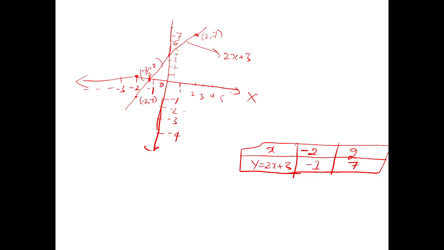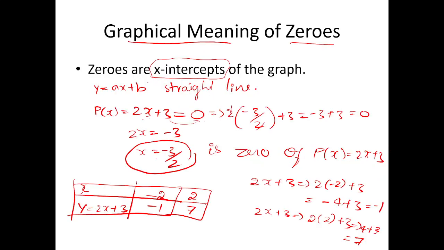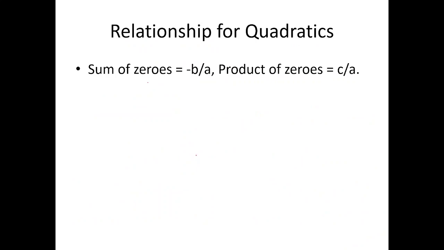So graphically we can represent zeros of a polynomial: the x coordinate of the point where the graph intersects the x-axis is a zero of the polynomial. Understood? Here also we got minus 3 by 2. Graphically also we got minus 3 by 2. Clear?